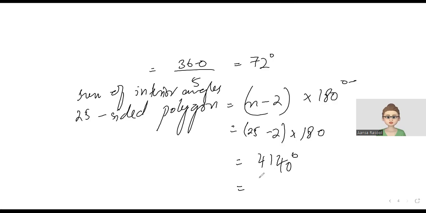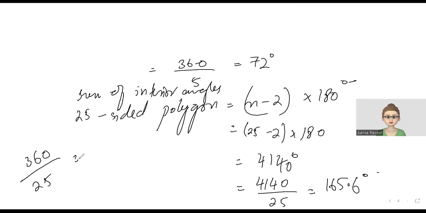Now, if they ask you the individual interior angle inside the polygon, you will divide by 25. So 4140 divided by 25 is 165.6 degrees. If they ask you the exterior angle, 360 divided by 25 is 14.4 degrees. So one exterior angle is 14.4 degrees.